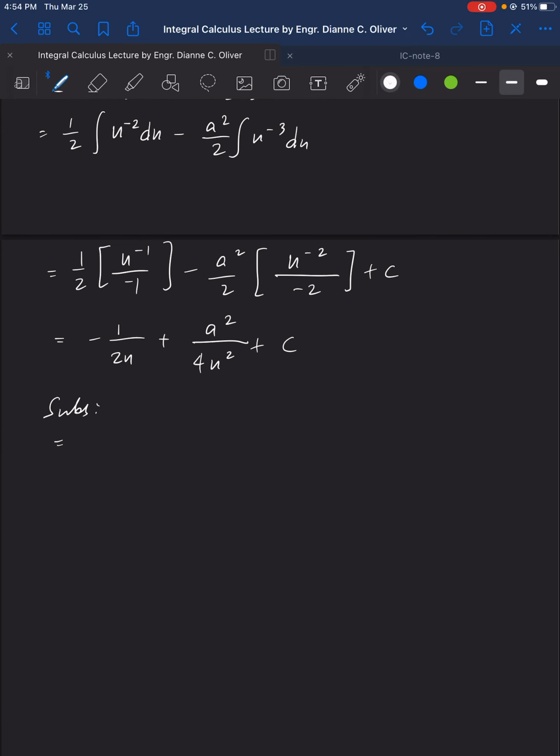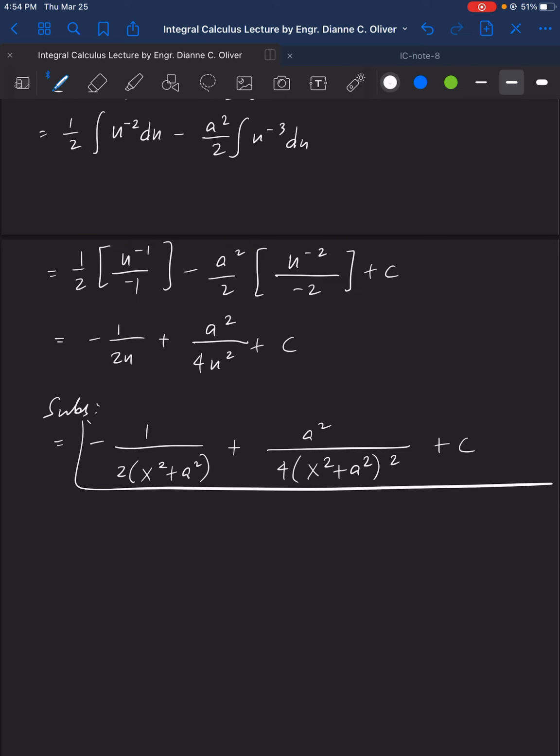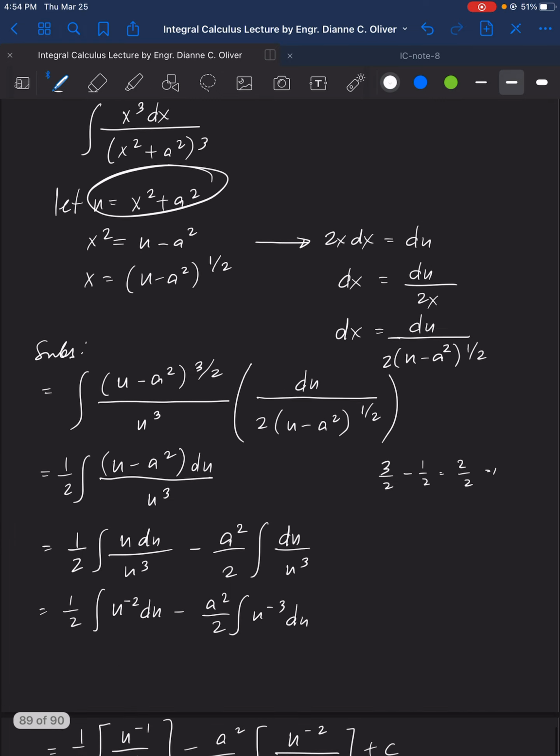Substitute, so it's equal to negative 1 over 2 times x squared plus a squared, plus a squared over 4 times x squared plus a squared squared plus c. Okay, so we can have this already as an answer. So that's for the second solution.